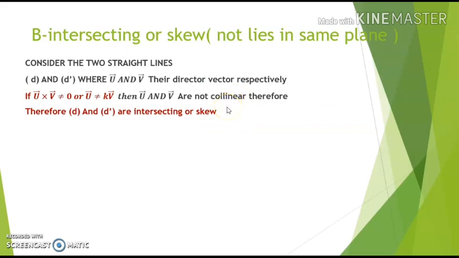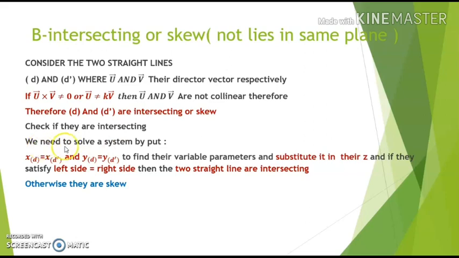How to check if these two straight lines are intersecting or skew? Second step, we need to solve a system by putting x of D equal to x of D prime and y of D equal to y of D prime.